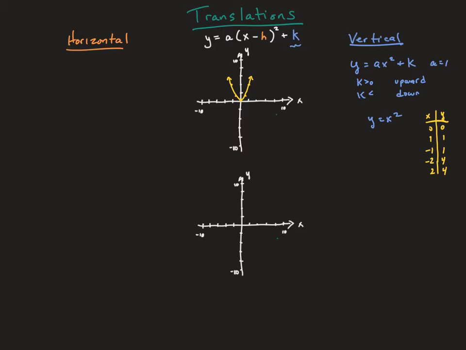So when I go to do a vertical shift, if I have y equal to x squared plus 4, and I go ahead and do my x-y table, of course, I'm going to have negative 2, negative 1, 0, 1, and 2. And then when I do my substitution, we're going to be adding 4 to it. So instead of having negative 2, 4, it's going to be negative 2, 8.